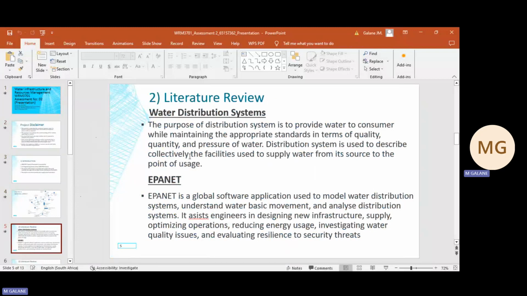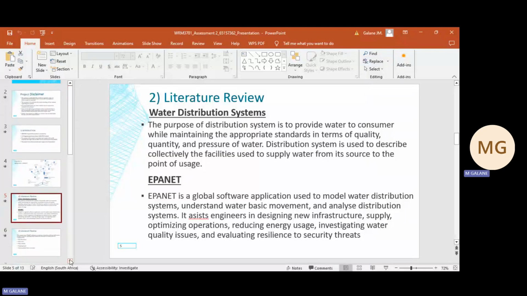So it helps with designing new infrastructure, supply optimization, reducing energy usage and investigation of water quality issues. Next slide.